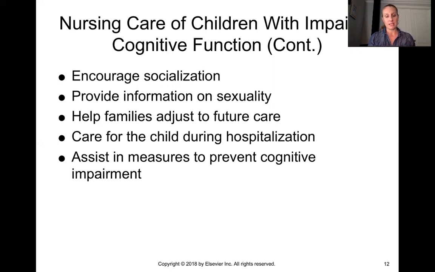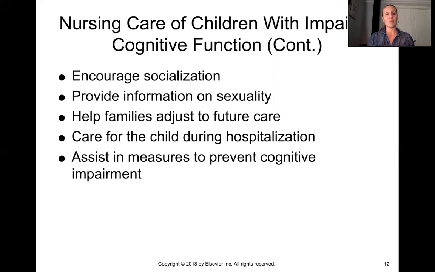There are programs that these kids can enroll in, and the parents can enroll them in early on. And we want them to understand the socially acceptable cues that they might be putting off, or the unacceptable cues. So helping them to be more socially acceptable is going to promote that socialization in the end.